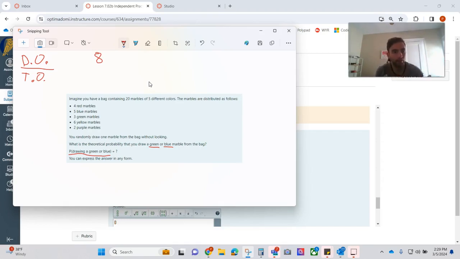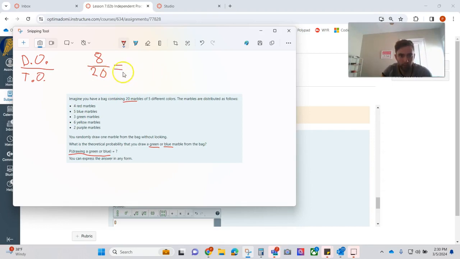That is the desired outcome. There are 8 desired outcomes. How many total outcomes are there? How many total marbles are there? 4, 10, 20 total marbles. So 8 out of 20 marbles would let me win.